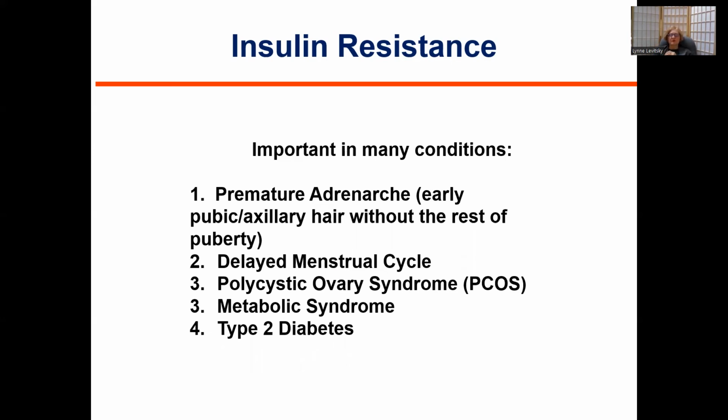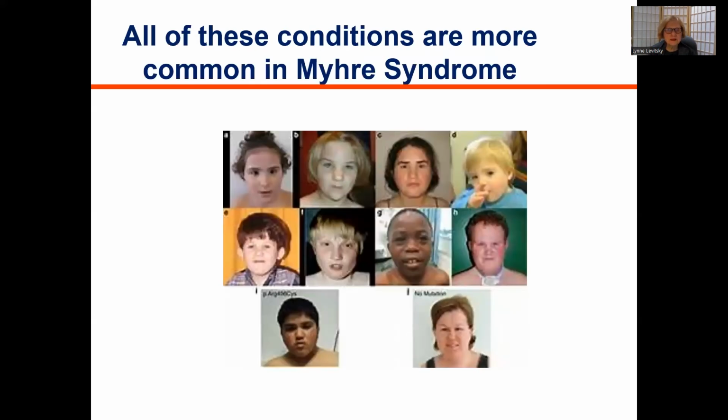It may be important if you have delayed menstrual cycle. It can be important in polycystic ovary syndrome or PCOS. It can be important in metabolic syndrome, which we will come to, and also in type 2 diabetes. So all of these conditions are more common in Myhre syndrome.